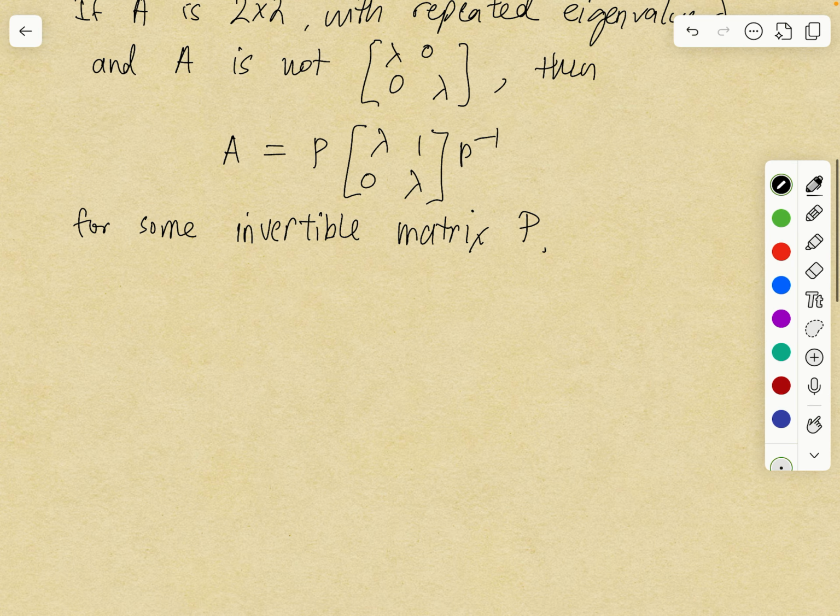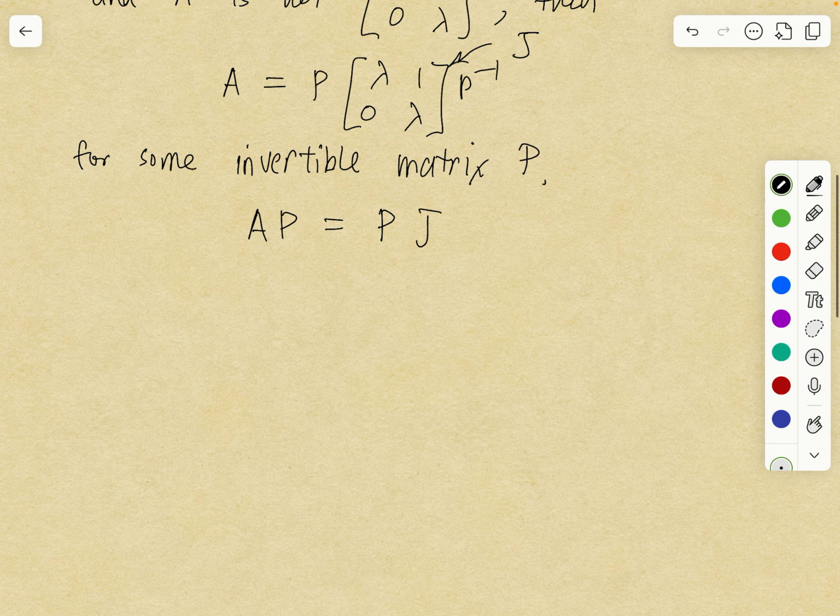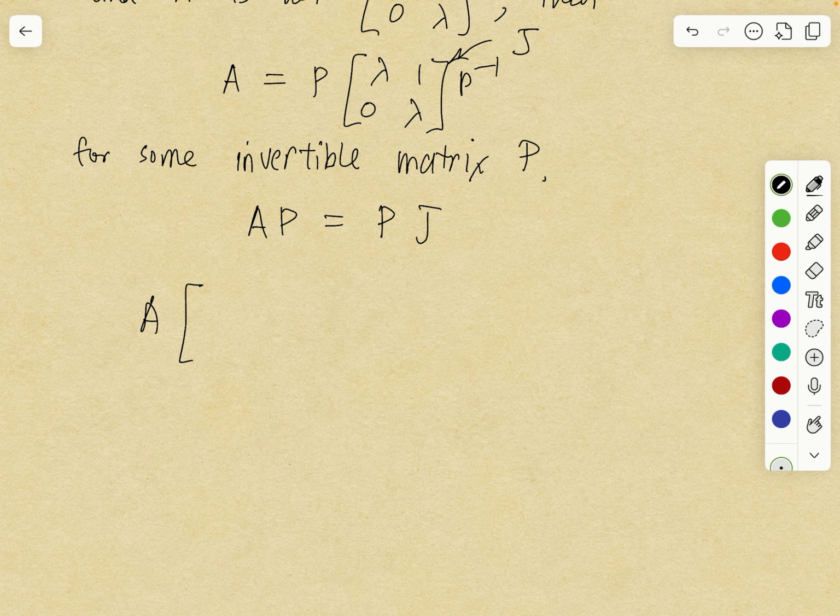Okay, let's talk about how you find P. So if you take this for granted, A equals P times this matrix, let's call this matrix J, times P inverse, one way to rewrite that, if you multiply both sides by P on the right, is that A times P is equal to P times J. So suppose that P has columns V1 and V2.